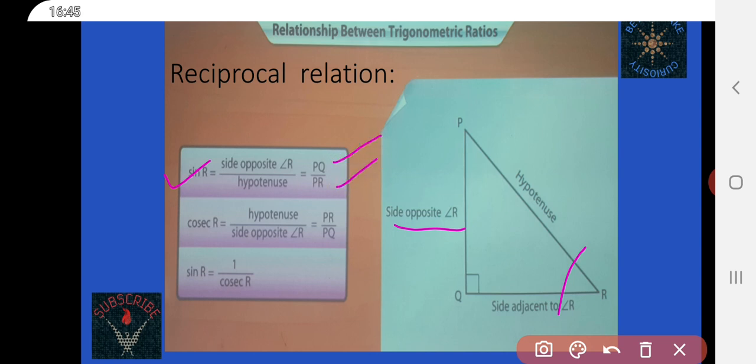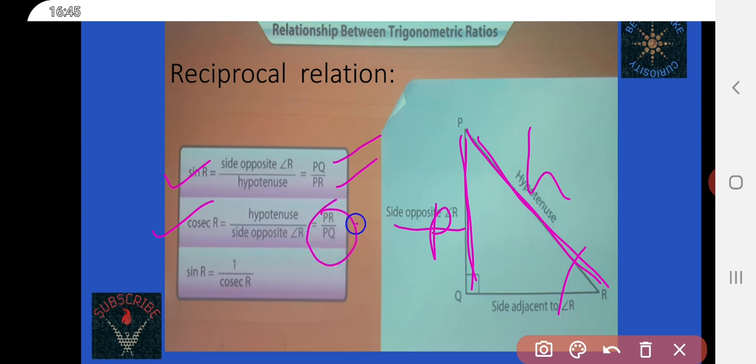And cosec r is equal to hypotenuse by side opposite to r, that is pr by pq.